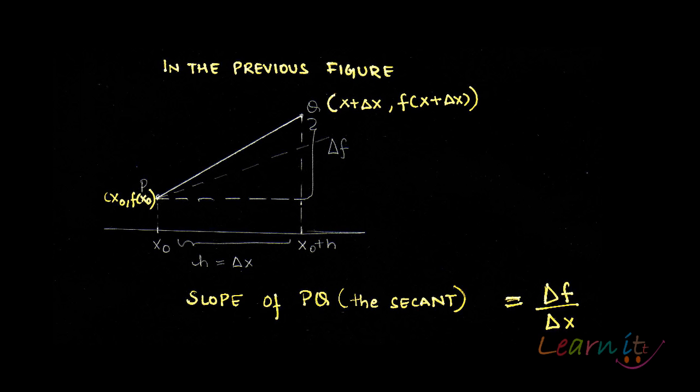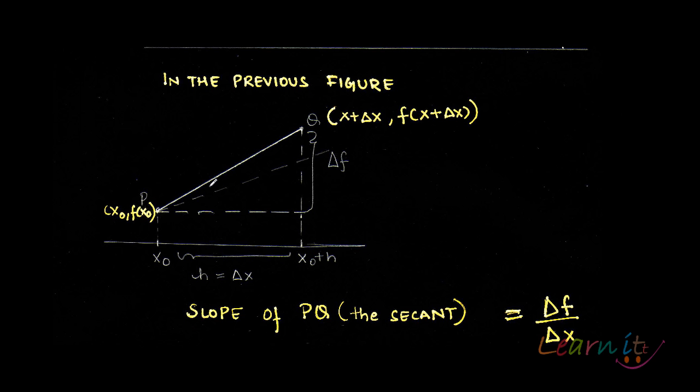So now, we need to know these 2 points out here. x naught is where P is. And x naught plus h is where Q is.